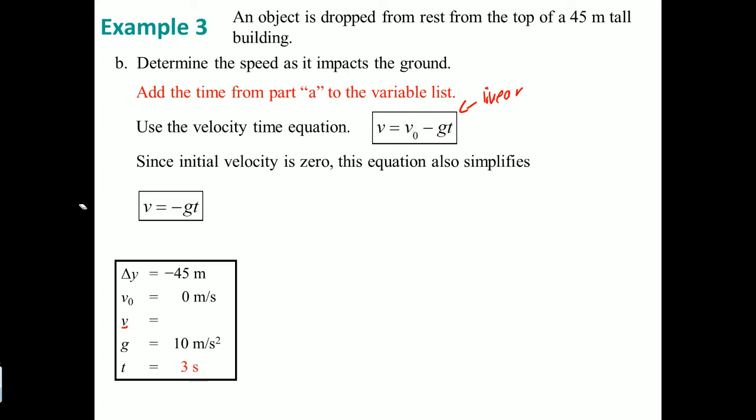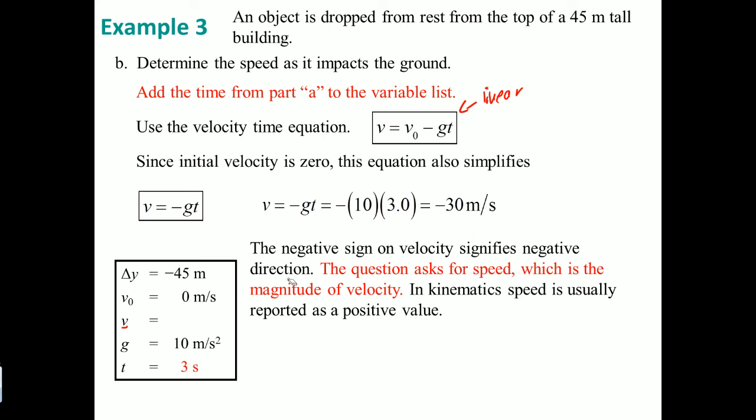That's why it simplifies into v equals to negative gt. Plug it in. The negative sign of velocity signifies negative direction. The question asks for speed, which is the magnitude of velocity. So you can just write 30 meters per second. Or if you want to repeat it in velocity, you would say it had 30 meters per second downwards. Okay, that negative just means downwards.